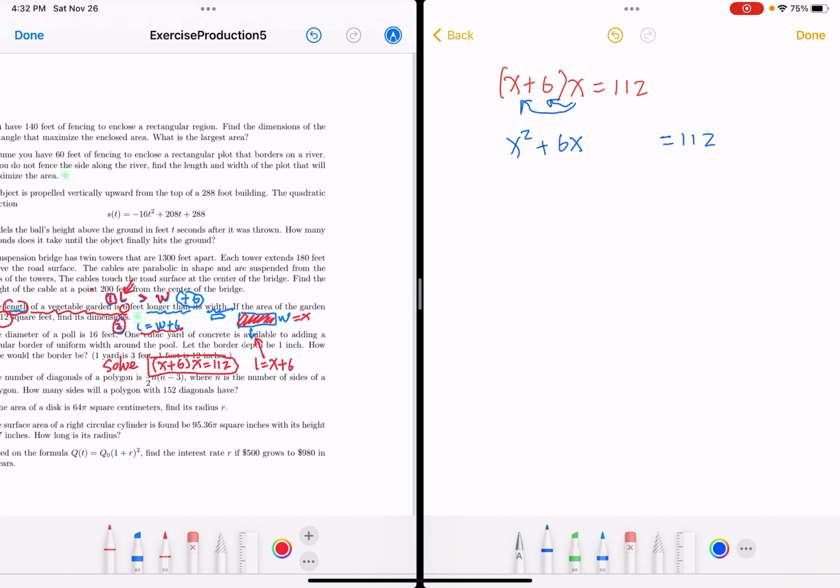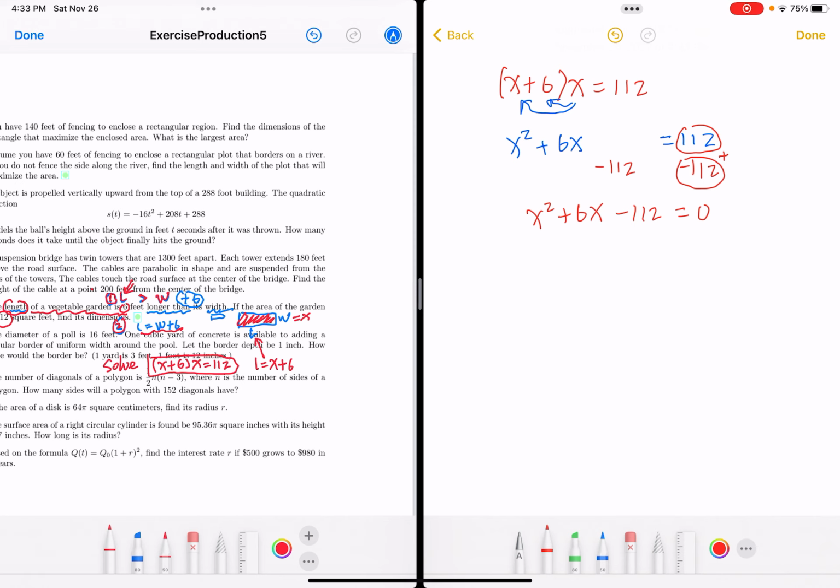Now, what we need to do is take this 112 to the left-hand side. So both sides subtract this number. And then on the left-hand side, you will have X squared plus 6X minus 112. That equals 0, because those two canceled.